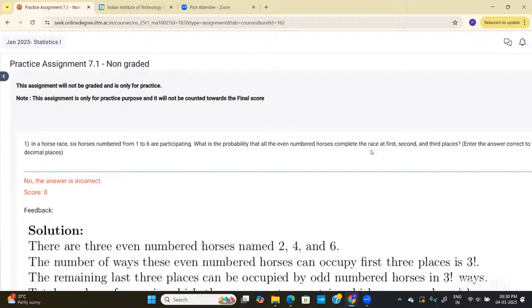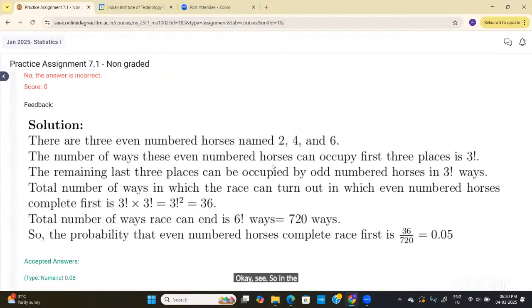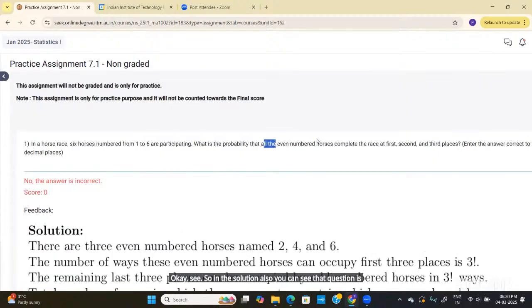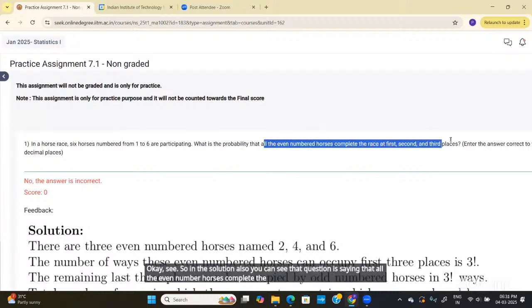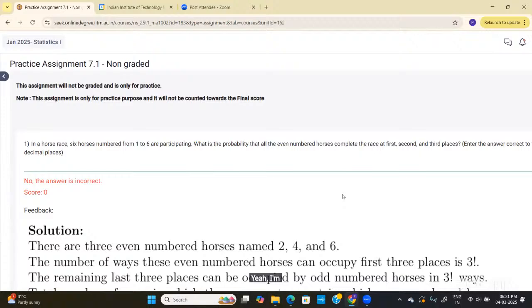Yeah, I'm trying, ma'am. See, in the solution also you can see that the question is saying that all the even number horses complete the race at first, second, and third places.